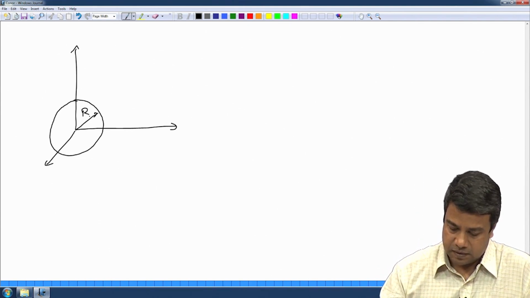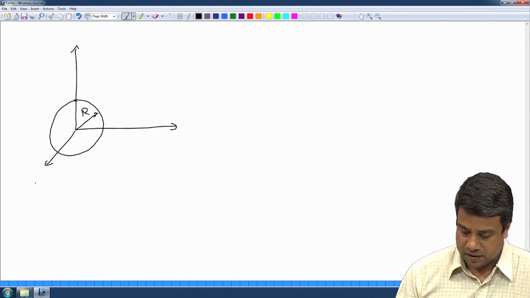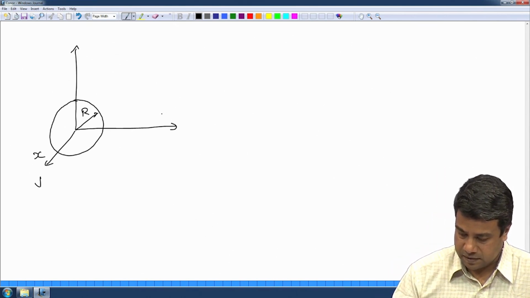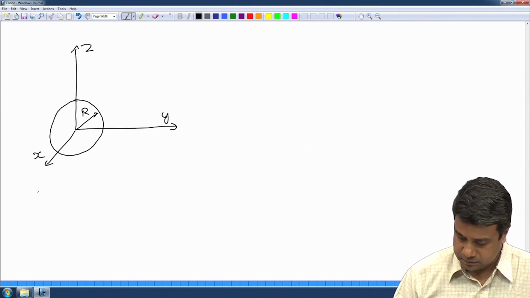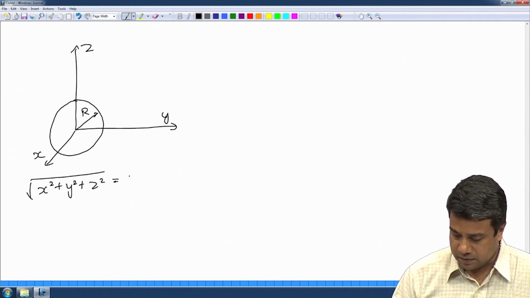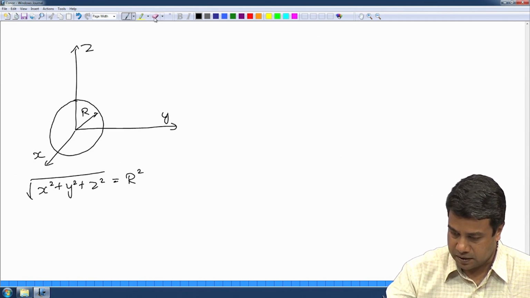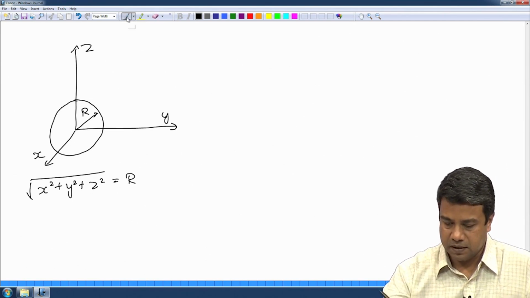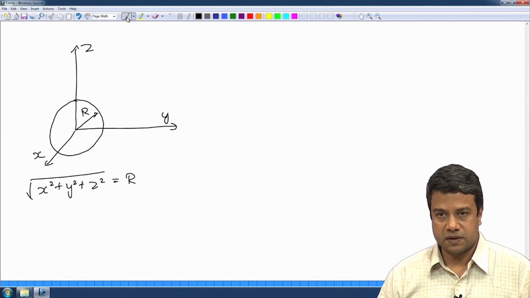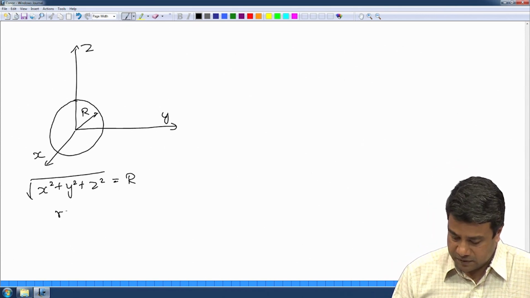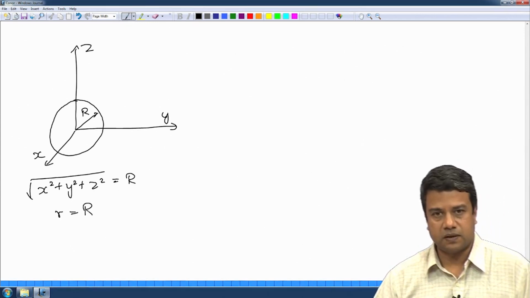Rather than writing the surface as x square plus y square plus z square is equal to R square, it is preferable to consider this surface itself as a surface of constant coordinate. That means that the distance from the origin has to be a constant value r.